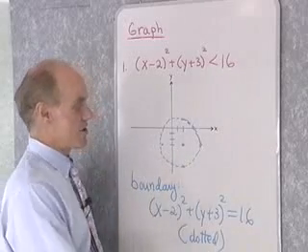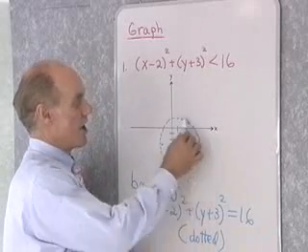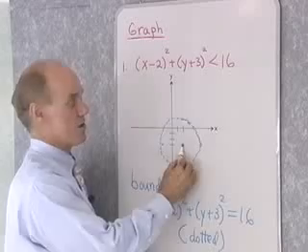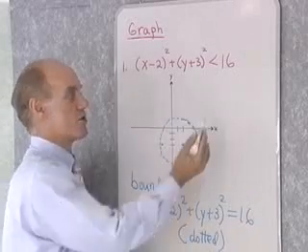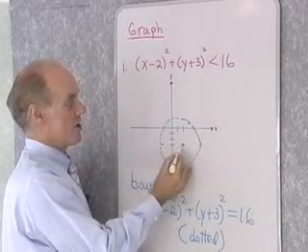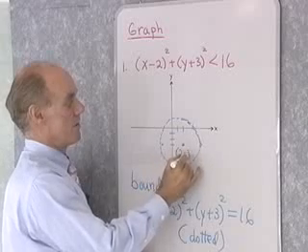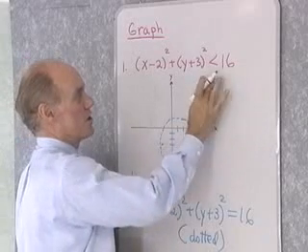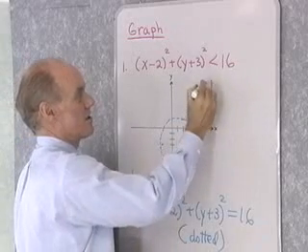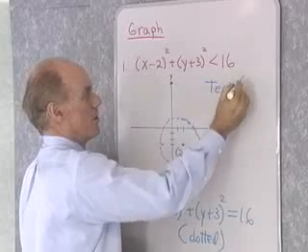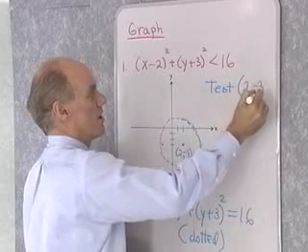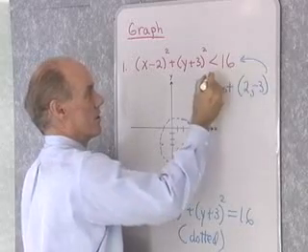Now what I need to do next is to check some point that's not on the boundary in the original inequality. Let's check the coordinates of this center, which is at (2, −3). So let's test the point x equals 2, y equals −3 in my original inequality.